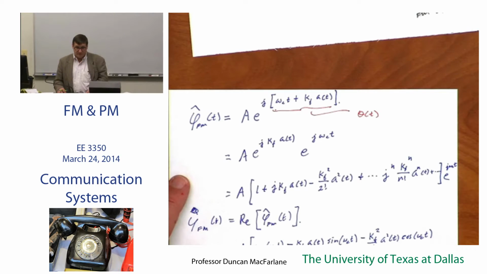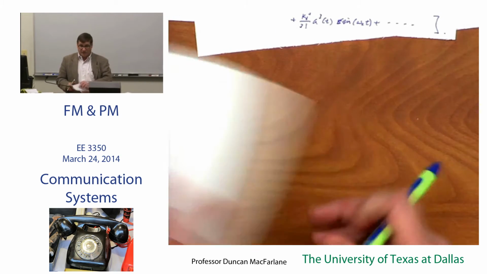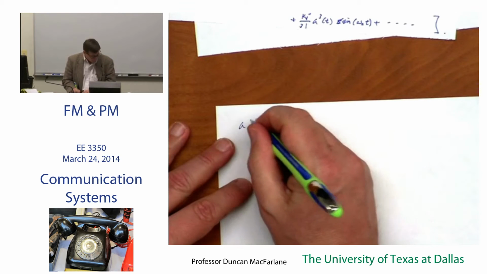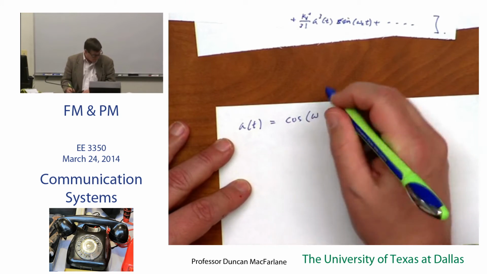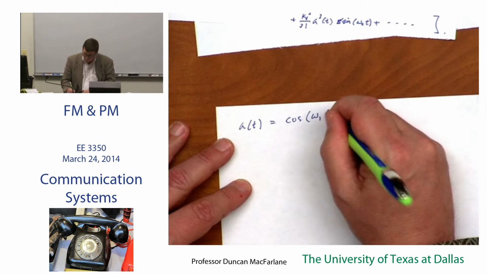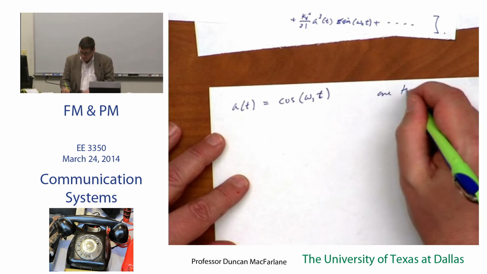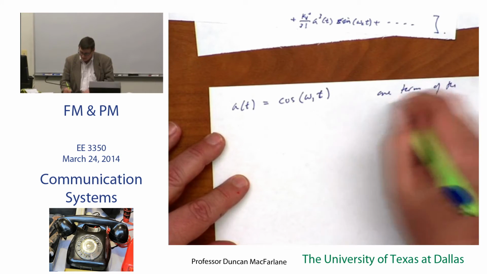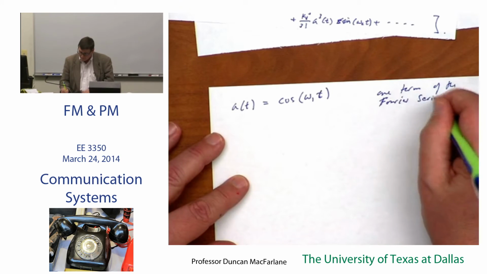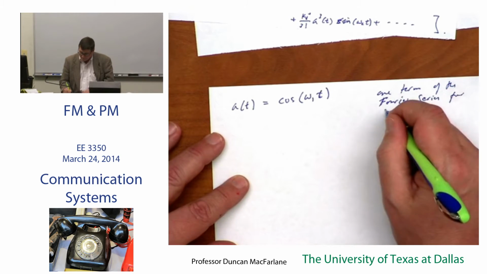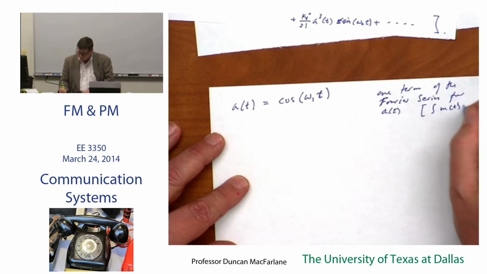Okay? Well, let's just take a look at one of those terms of the Taylor series. Or rather, the Fourier series for A of t, the integral of m of t.